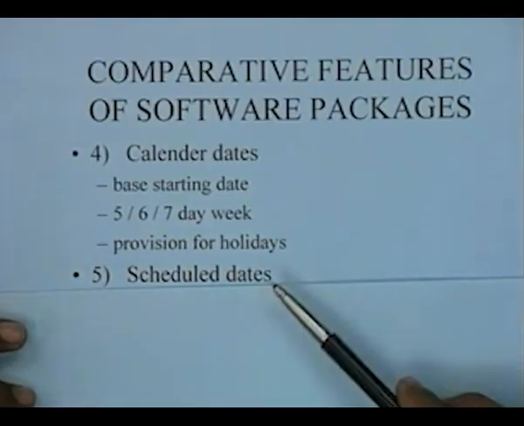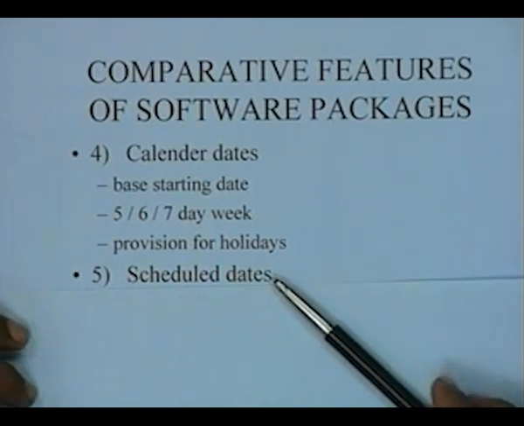Then there is another feature which is slightly interesting. I will try to explain it this way. Does your package have a facility to accommodate scheduled dates? What this means is, you know that the total project duration is determined by the length of the critical path anyway, but before you do the analysis you don't know what the duration is, but nevertheless you might want this project to end by such and such date, which is a scheduled date.